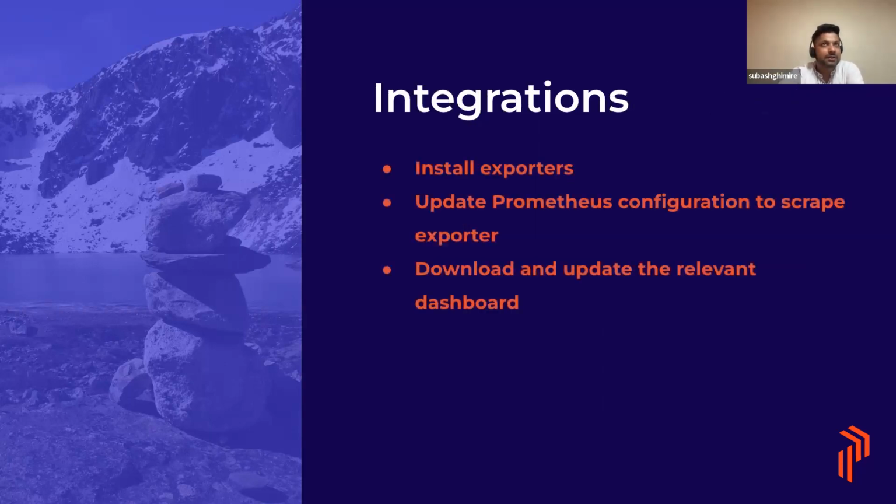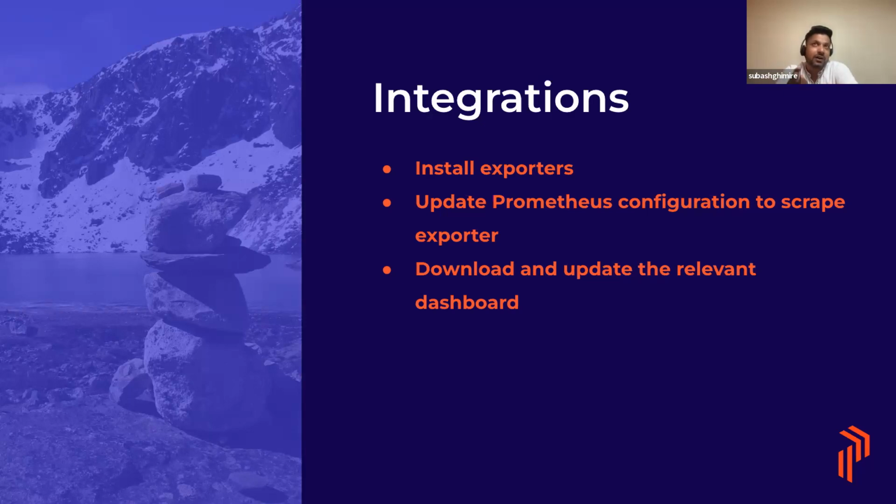Okay, so as I told before, Prometheus has a huge integration and exporter ecosystem. Basically, to run Prometheus, you have to install the exporter, and you have to update the Prometheus configuration to scrape what things you need to monitor at your application or server level. And to visualize those things, you need to download the appropriate dashboards in Grafana and link that dashboard with your Prometheus endpoints.